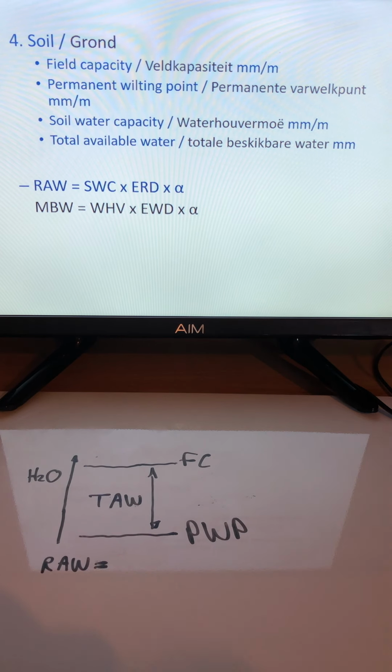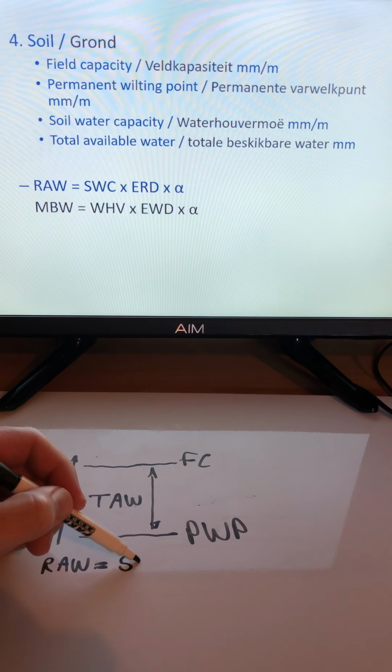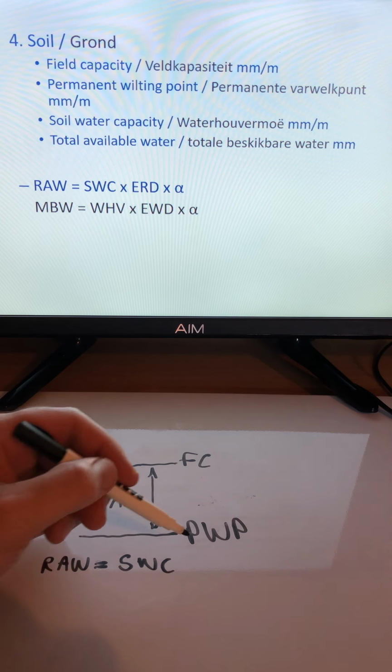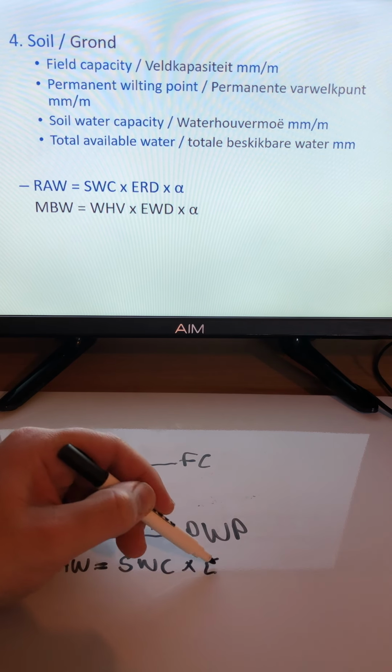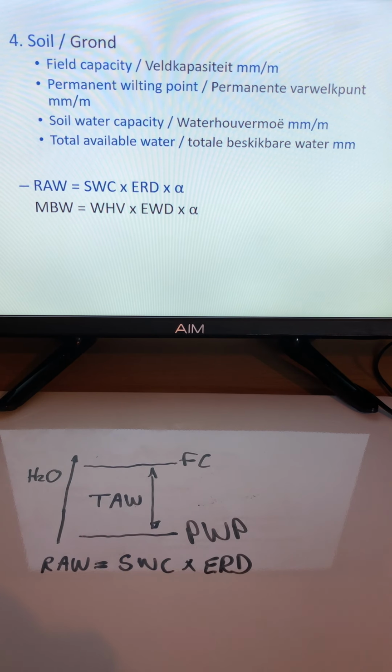So you calculate that by taking your soil water capacity. So that's that SWC or waterhouvermoë times your ERD, and that is the effective root depth. So for different crops, that'll be different. So in Afrikaans, that EWD, effectieve worteldiepte, and then you've got that alpha sign.